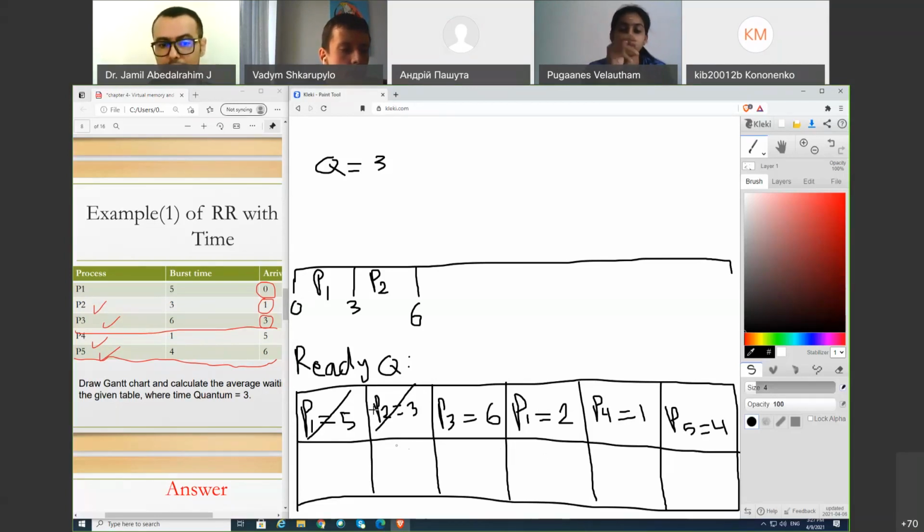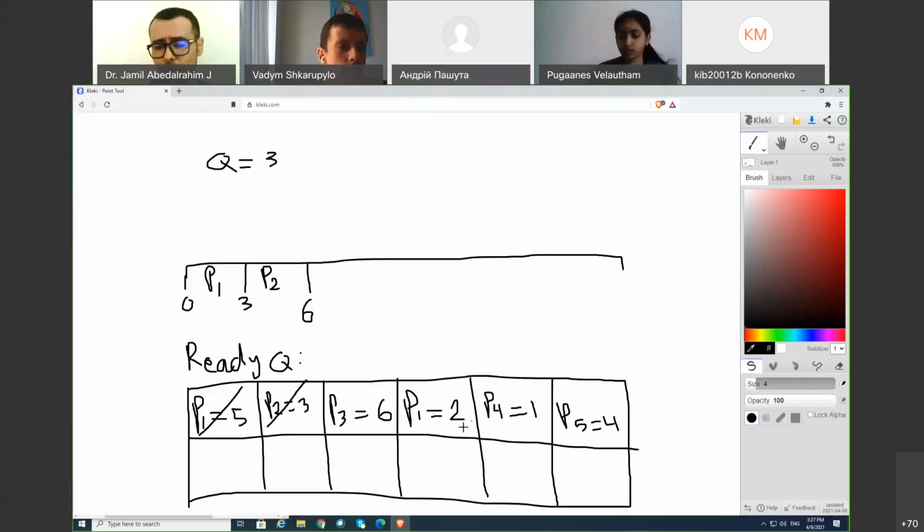That's all. And if you notice here, we have already written down all the given processes in the table: P1, P2, P3, P4, and P5. So there is no need anymore to check the given table in the question. We just execute what we have in the ready queue table. So just follow the sequence.